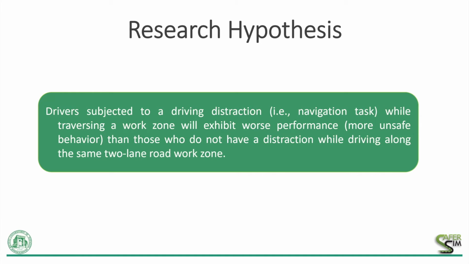So we're comparing drivers who are using GPS for directions to drivers that are not using GPS for directions, and they're driving along the same two-lane road work zone. So basically we're looking at two scenarios, one with GPS and the same scenario without GPS, and seeing if their performance is unsafer when they're driving with GPS. Next.